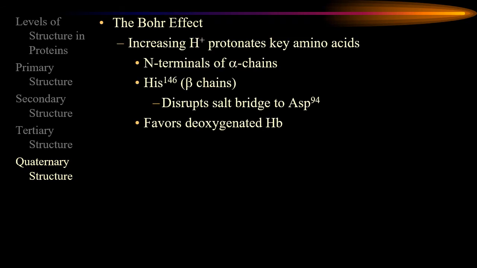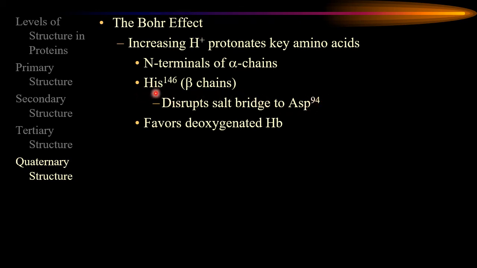Okay, so how does that work? I've been talking about the hydrogen ion and protonation. Increasing the hydrogen ion concentration protonates some key amino acids. What are these? There are the N-terminals of the alpha chains. For the beta chains, the histidine 146, which is involved in a salt bridge to aspartate 94.